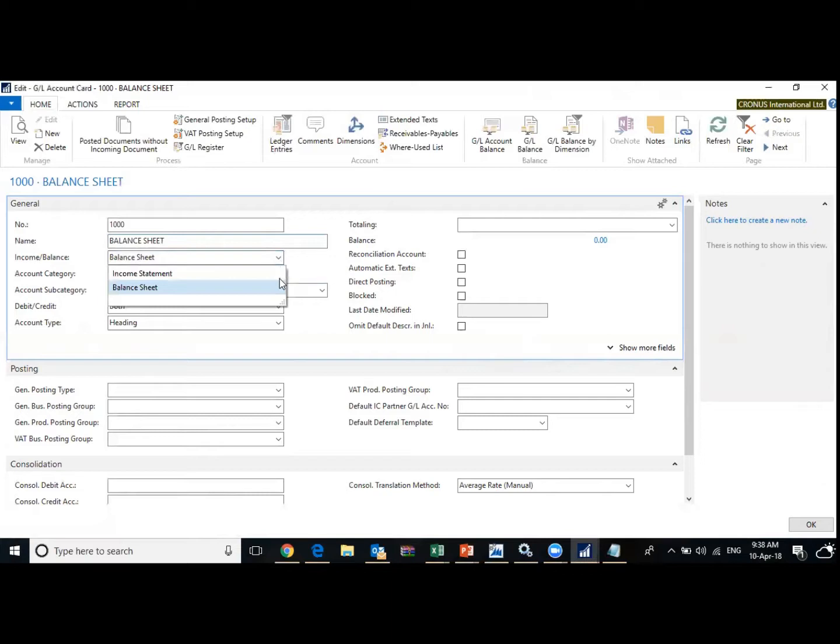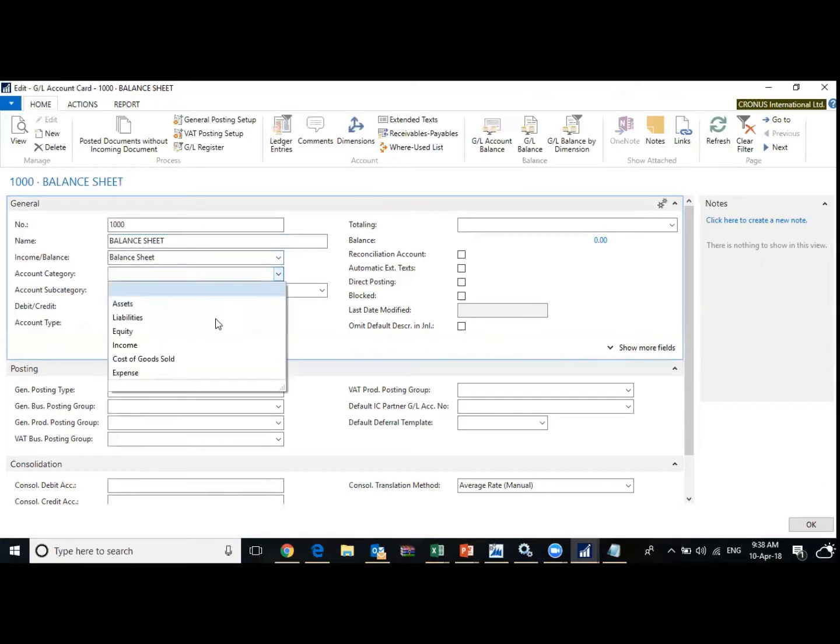Generally your assets, your liabilities, and your capital are from your balance sheet accounts, and your revenue and your expenses are from your income statement account. And then you have your account category. This is another subclassification of your accounts. So you can identify that these accounts fall under assets, these fall under liabilities, and equity is just the other name for capital.